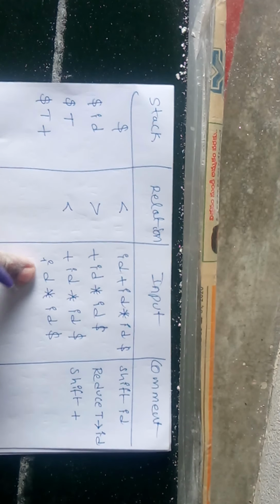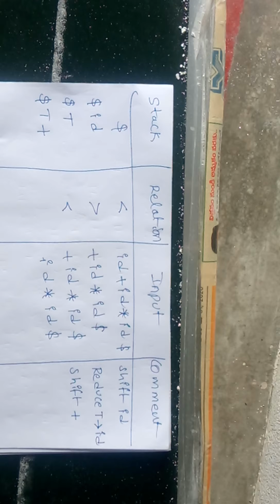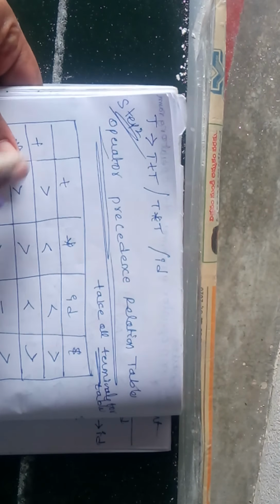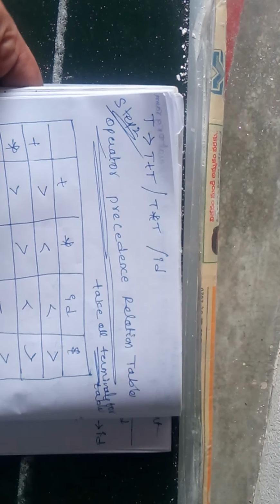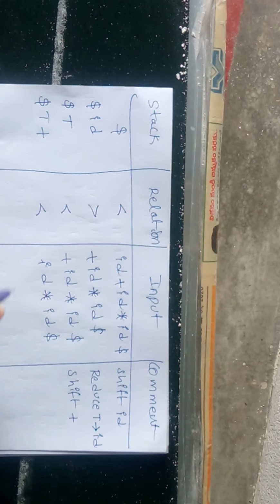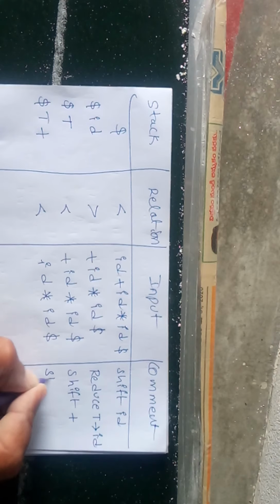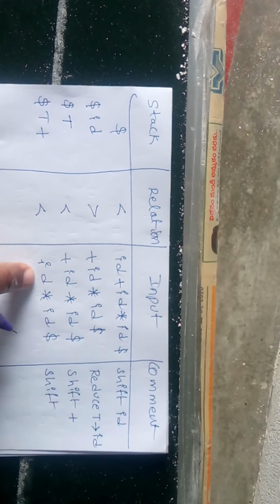Plus with id is the less than symbol. Whenever we get the less than symbol, shift. What do we shift? Id.